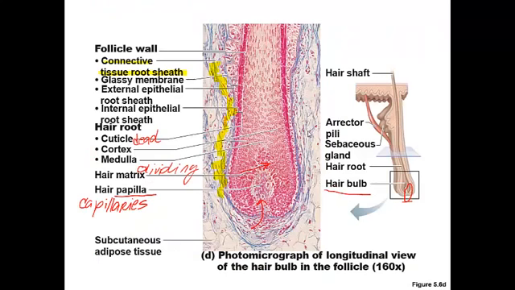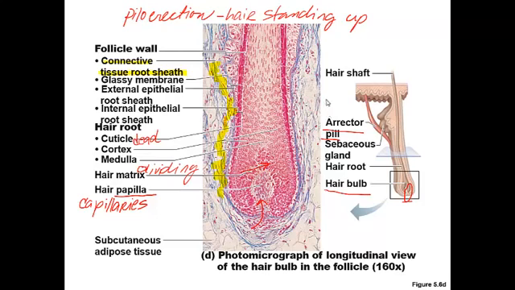One of the important parts of the hair that you should be aware of is the erector pili muscle. Erector means that the pilus is going to be standing straight up. So the term piloerection is referring to the hair standing up, and this is exactly what's going to happen with the erector pili muscle.